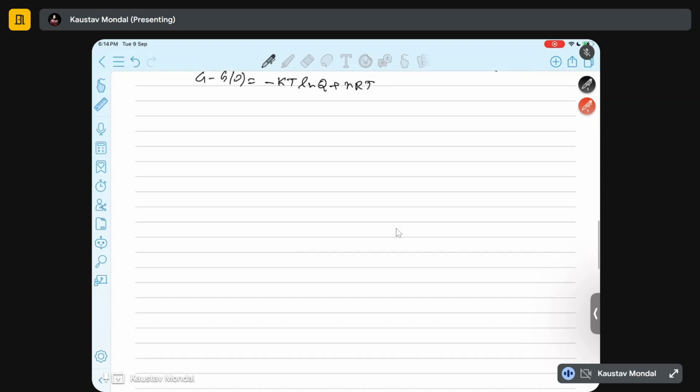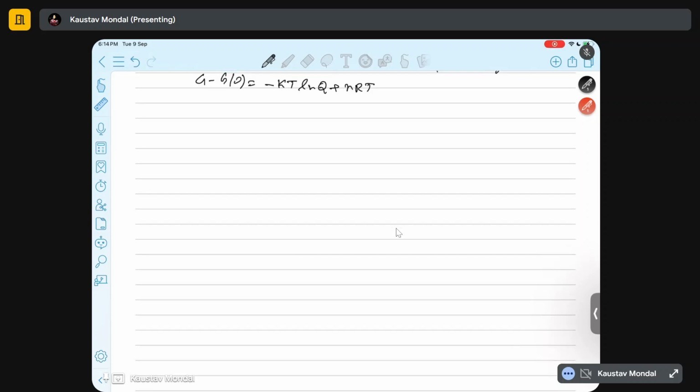So as we have discussed, the energy of a molecule is divided into different modes.